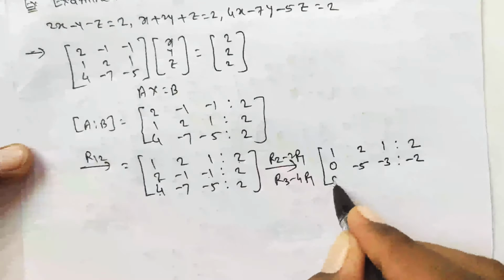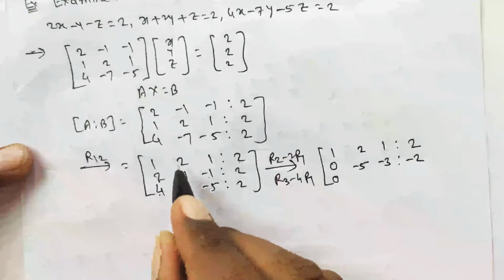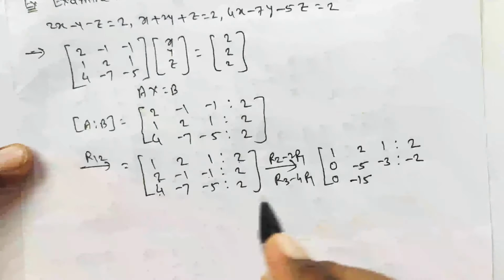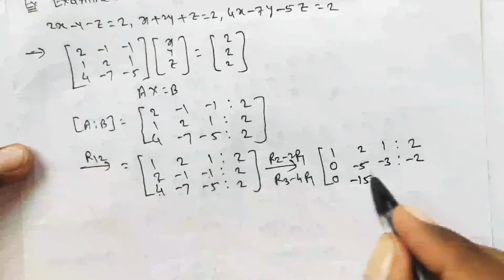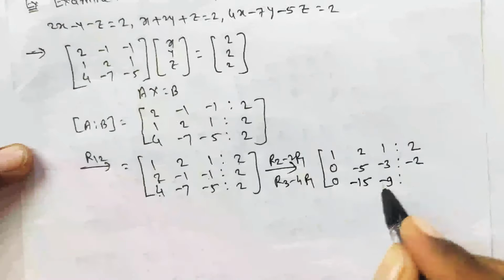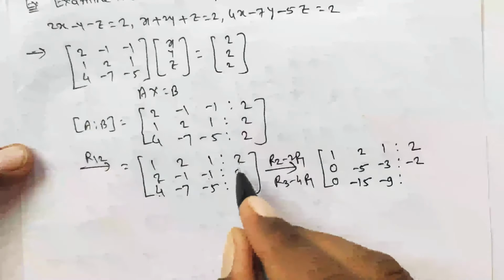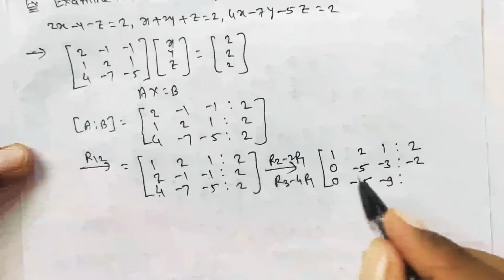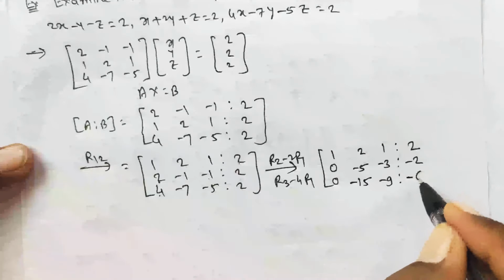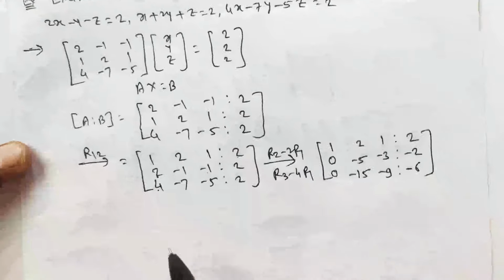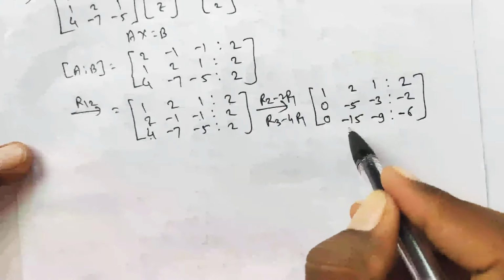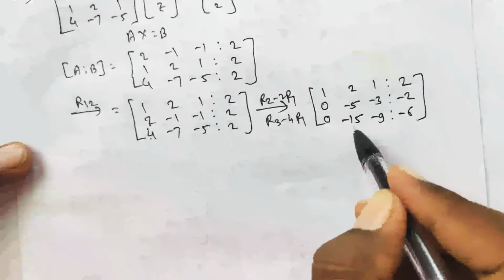Then 4 minus 4 is 0, minus 7 minus 4 into 2, that is 8, minus 7 minus 8 is minus 15, minus 5 minus 4 is minus 9, and the last one is 2 minus 4 into 2, that is 8, so 2 minus 8 is minus 6. So here minus 5, here minus 15, and we have to make this minus 15 equal to 0.